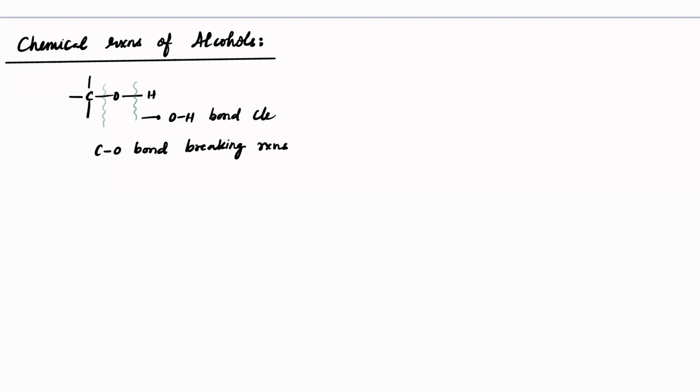In chemical reactions, when it comes to alcohol, there are two types of bonds. One is the reaction involving this bond, CO bond breaking reactions, or then we have this bond breaking, which is OH bond cleavage reactions.